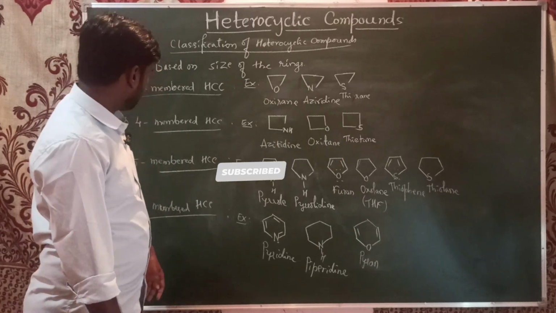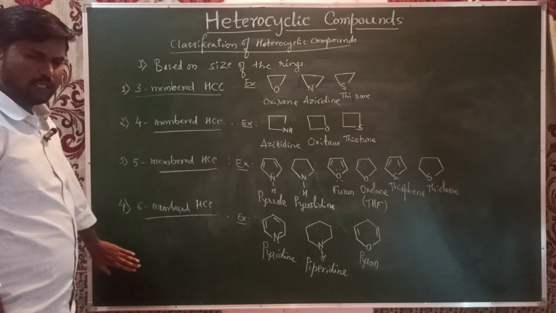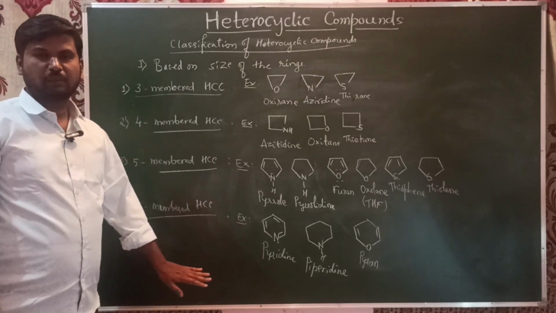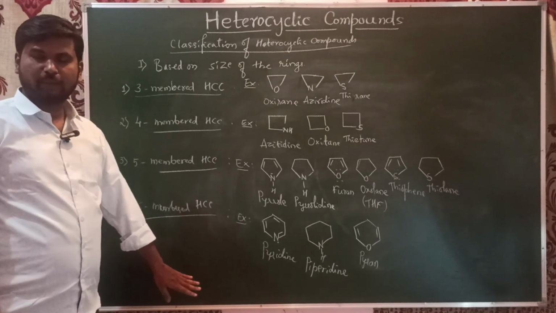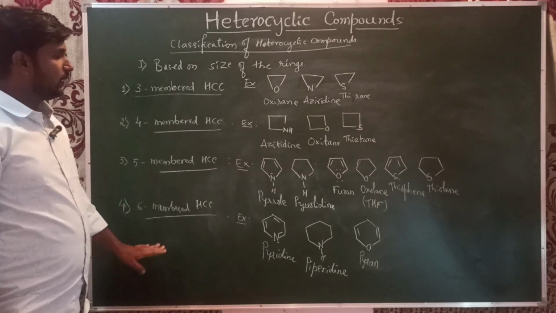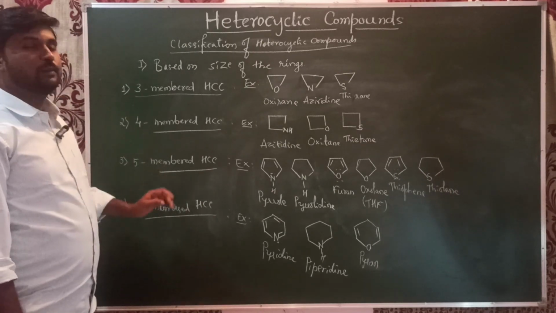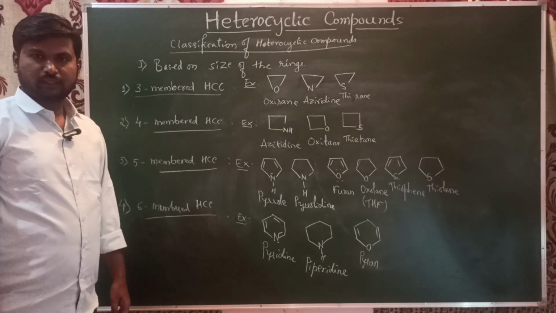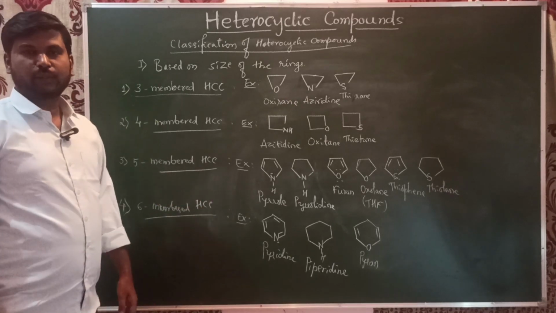These are the primary ones, and you can also classify them as six-membered, seven-membered, eight-membered, and so it goes on. But especially the five-membered and six-membered have a lot of applications and are very important heterocyclic compounds.